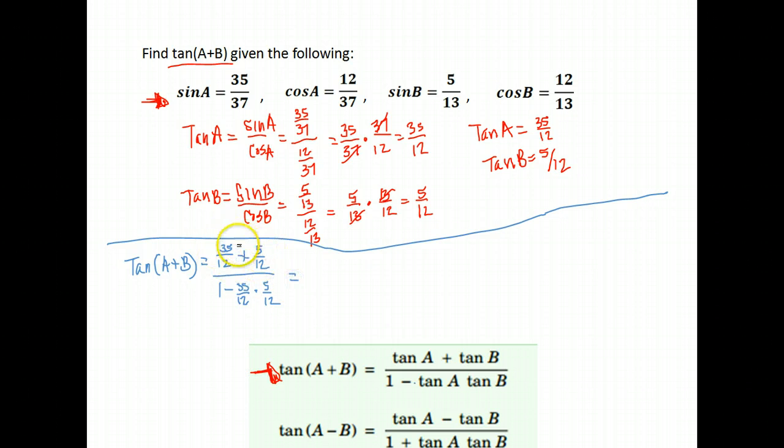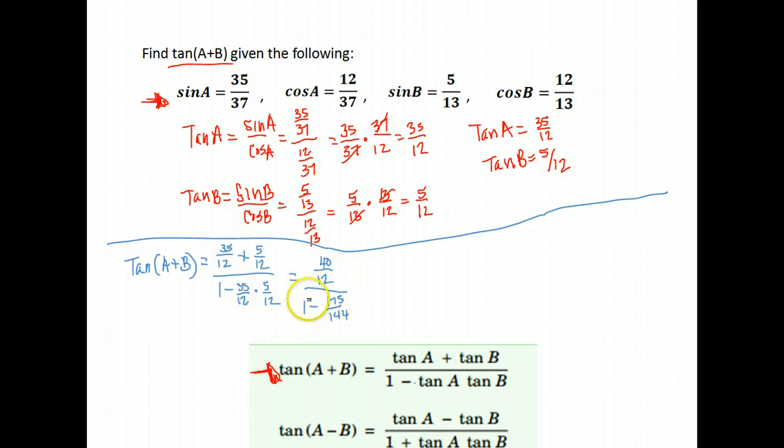Let's keep going. So let's simplify the top here. They already have a common denominator, so we can go ahead and add. 35 plus 5 gives me 40 over 12. And in the denominator, I get 1 minus, if I multiply here, 35 times 5 gives me 175, and 12 times 12 is 144.